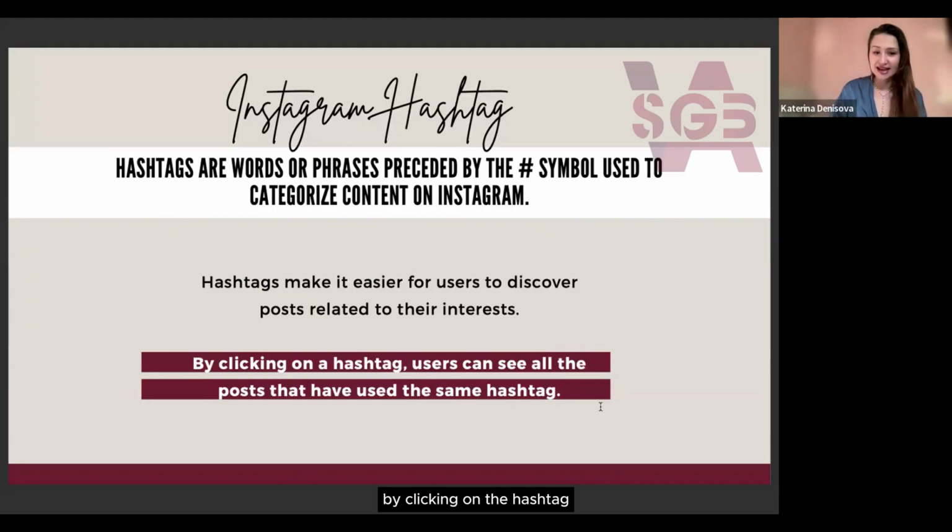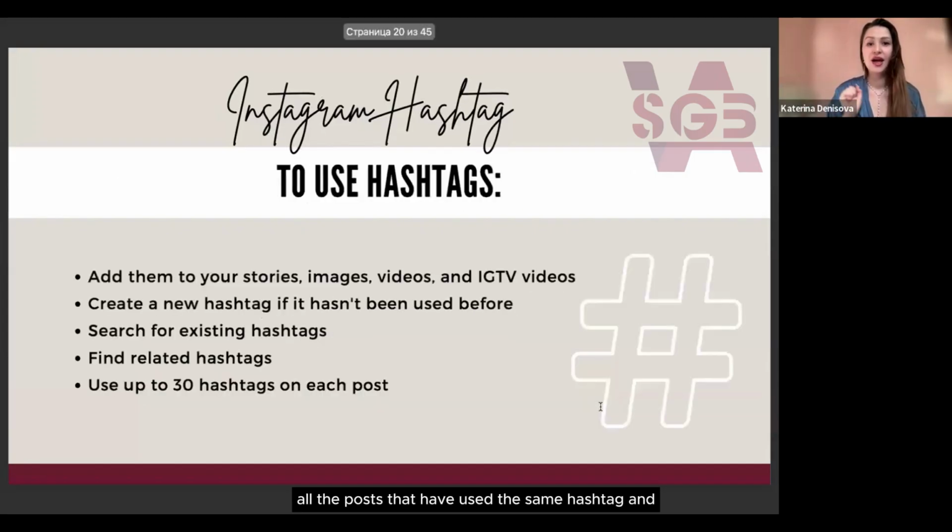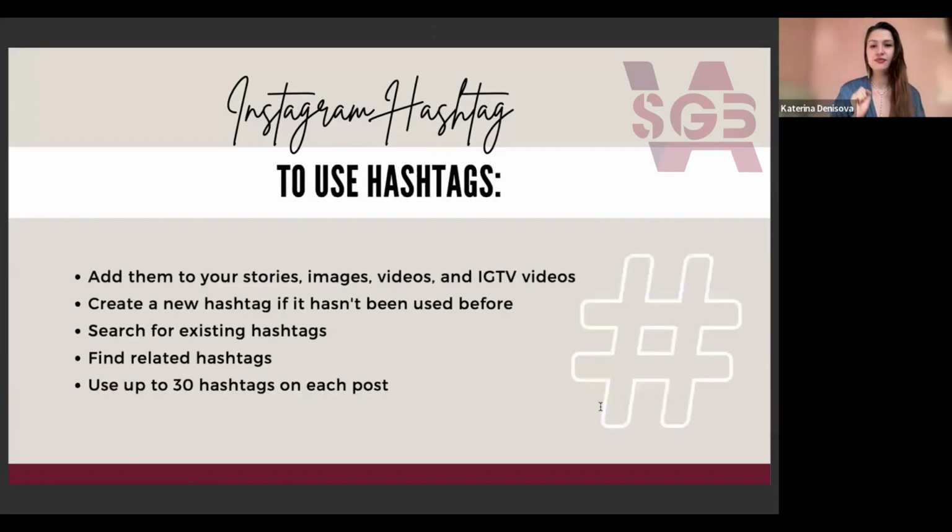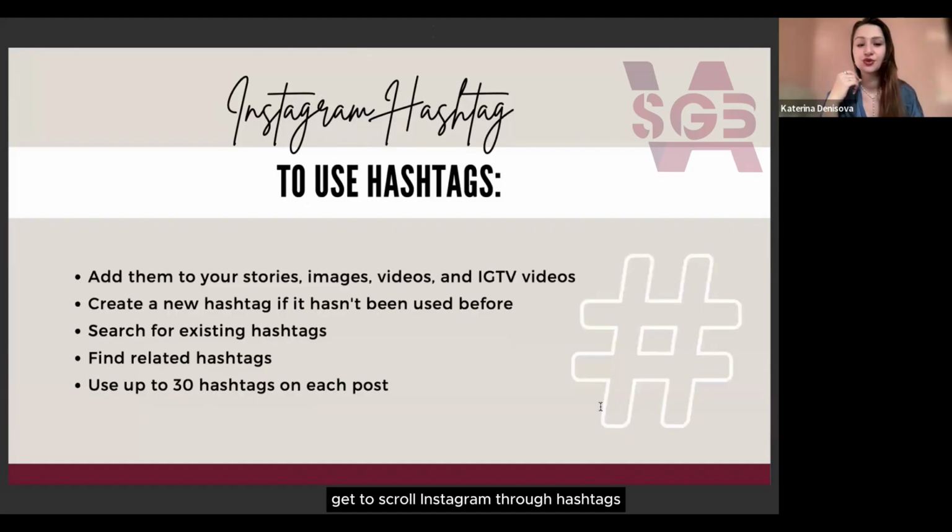By clicking on a hashtag, users can see all the posts that have used the same hashtag. And how can it be useful for us? People like to scroll Instagram through hashtags, and popular hashtags with a lot of content might also bring you new followers and new people on your Instagram.